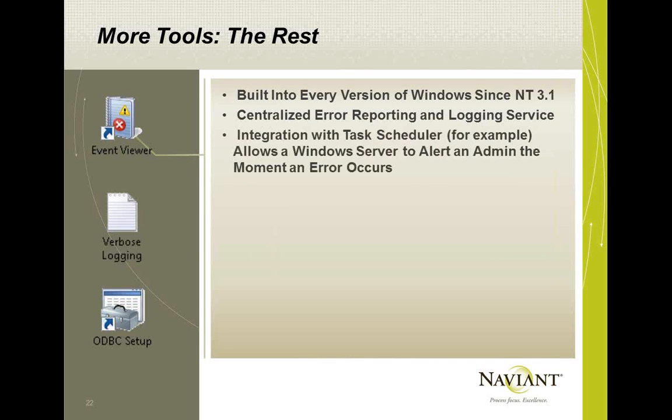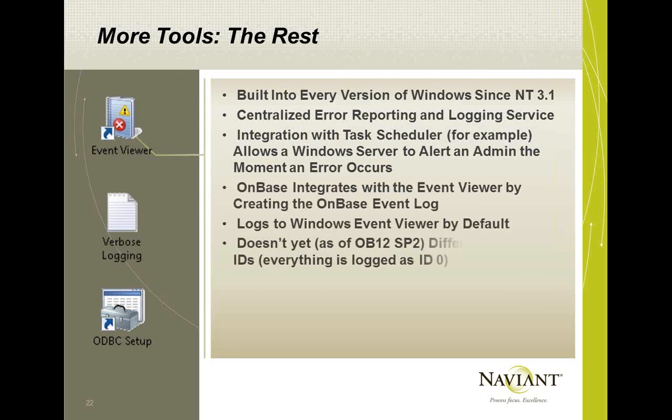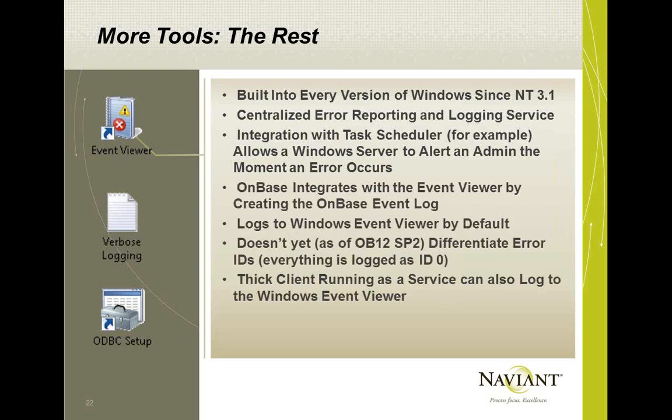Its integration with Task Scheduler, for example, means that you can trigger a script, an alert, a message, anything that Task Scheduler can schedule. You can trigger it to run as soon as a certain alert shows up from a certain event log. OnBase integrates with the event log in two ways.